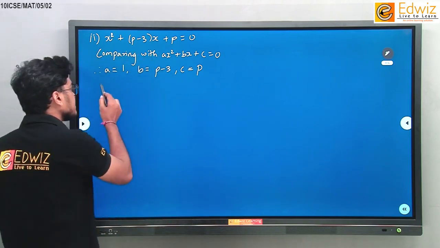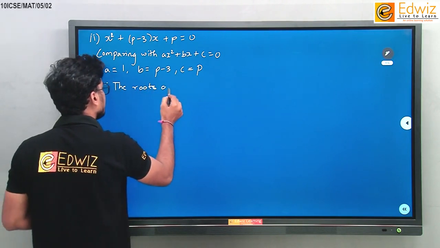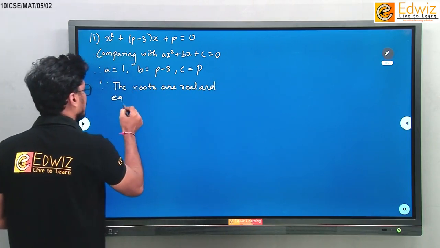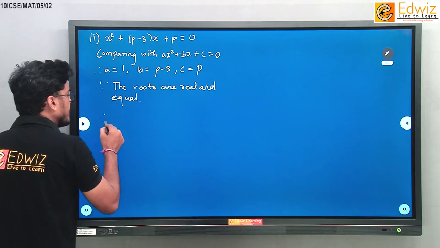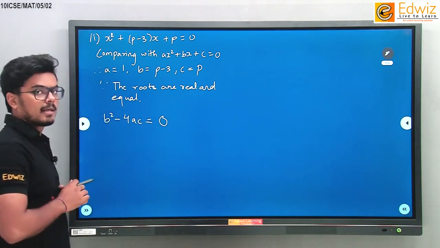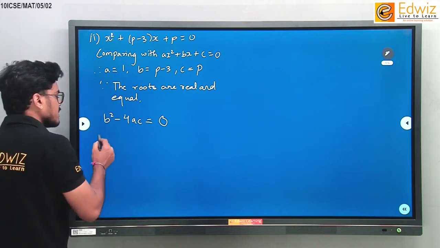That means since the roots are real and equal, b square minus 4ac will be equal to 0.